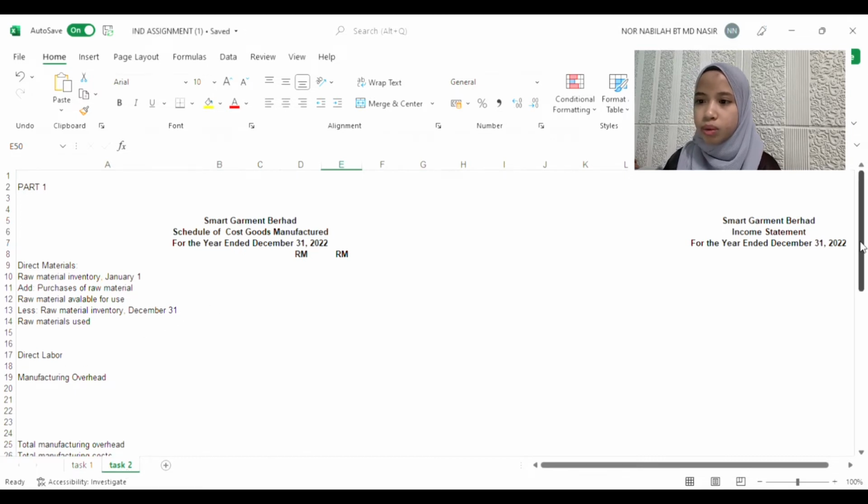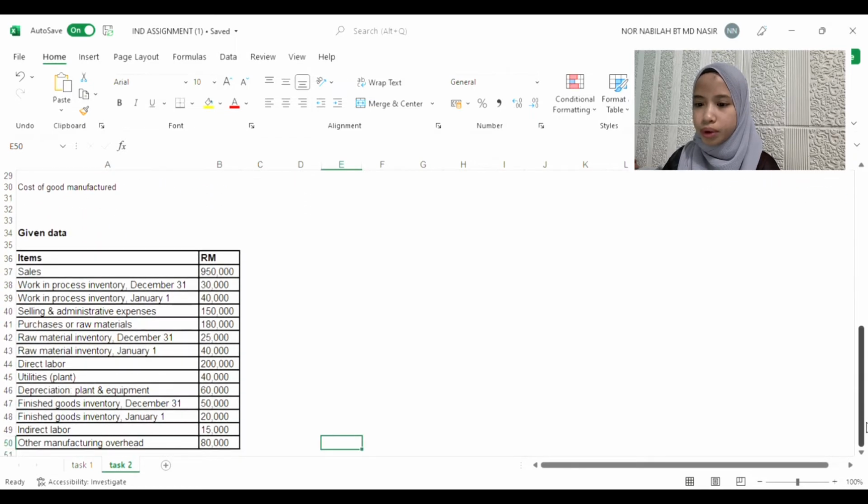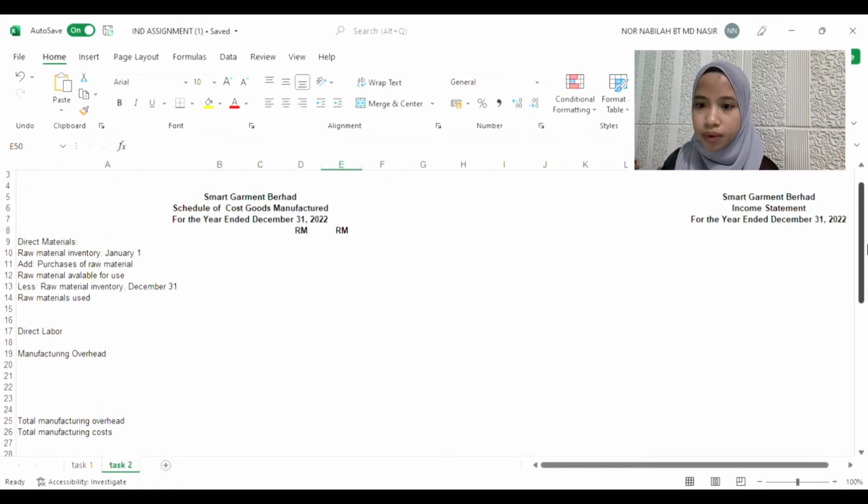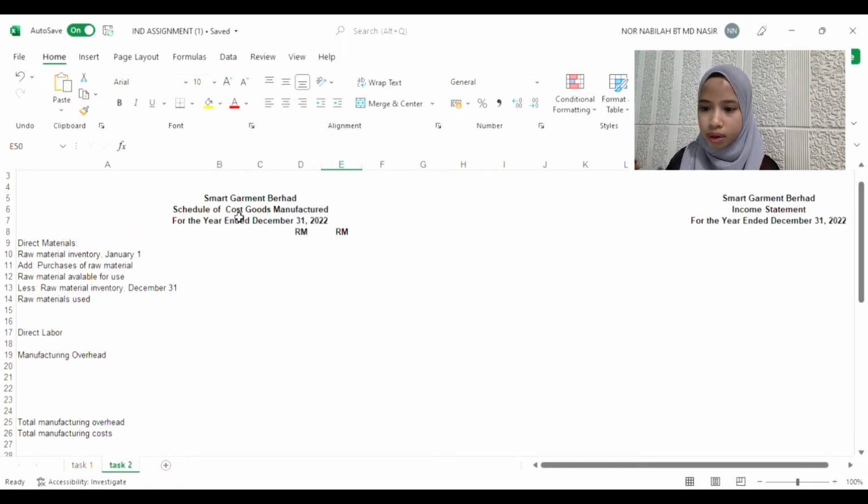Next, we go for task 2, part 1. So we have to do the schedule of cost of goods manufactured and income statement. The given data, all the items and all the amounts are given.